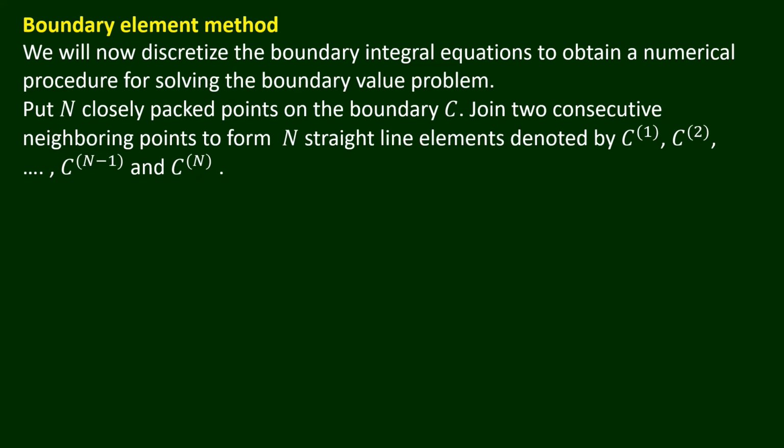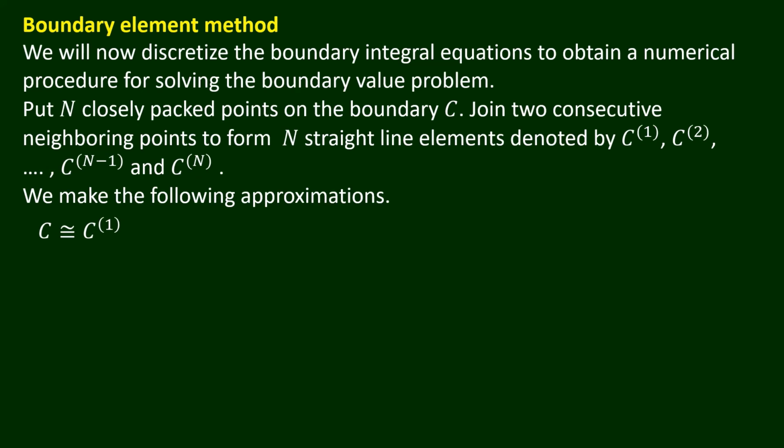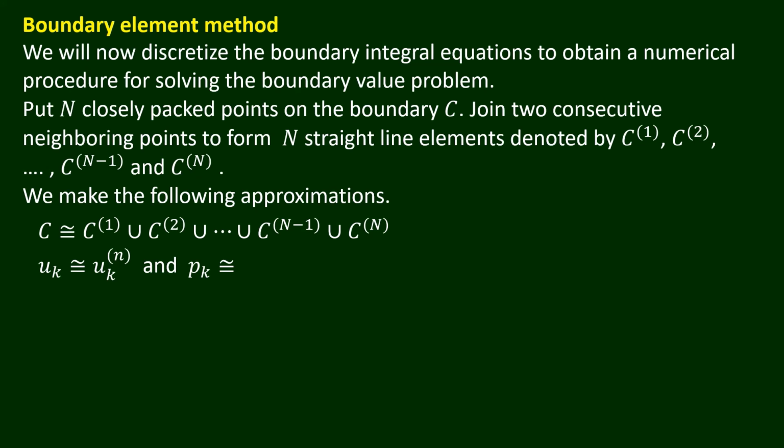We make the following approximations: C approximately equals C1 union C2 union and so on union C_{N−1} union C_N, and u_k approximately equals u_k^n and p_k approximately equals p_k^n on the element C_n.